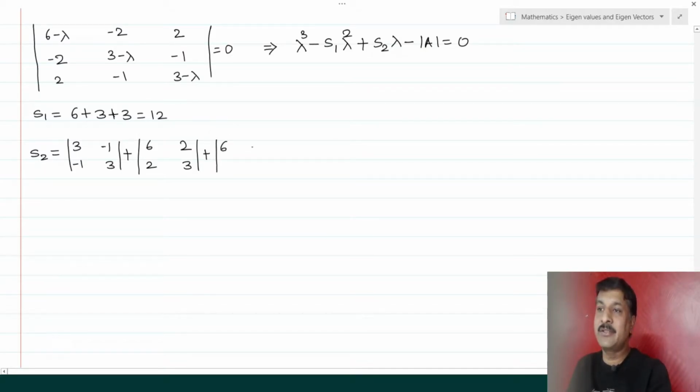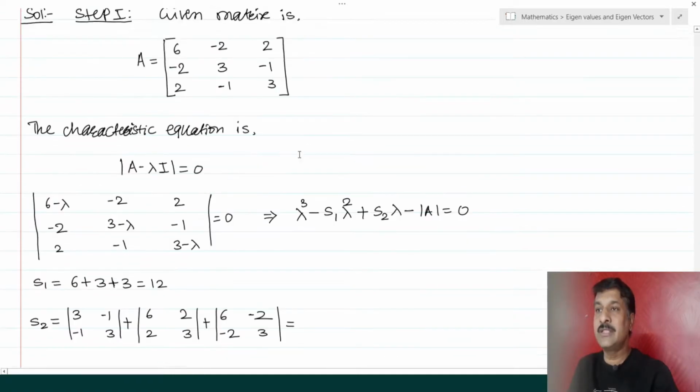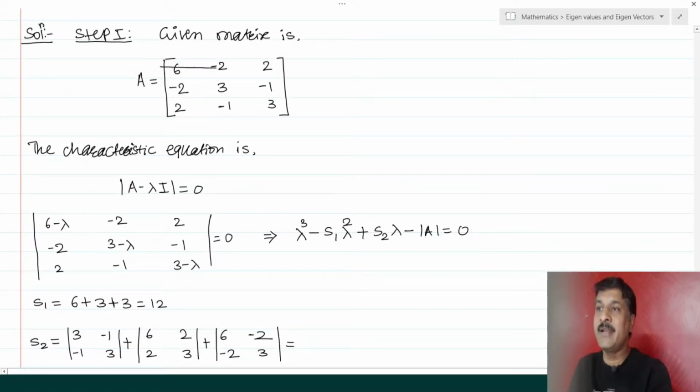I am getting here 6 minus 2 3, and that is equal to, so see there, for the diagonal first element, delete this row, this column. So I am getting this 3 minus 1 3. For the second diagonal element, delete this row, this column.